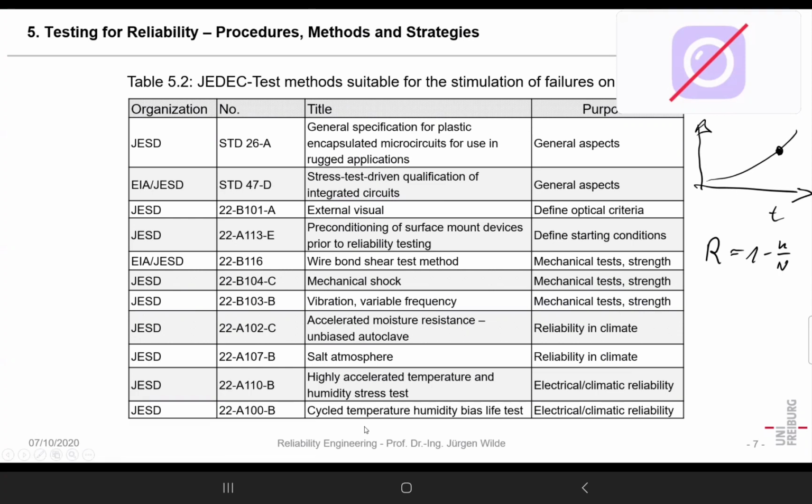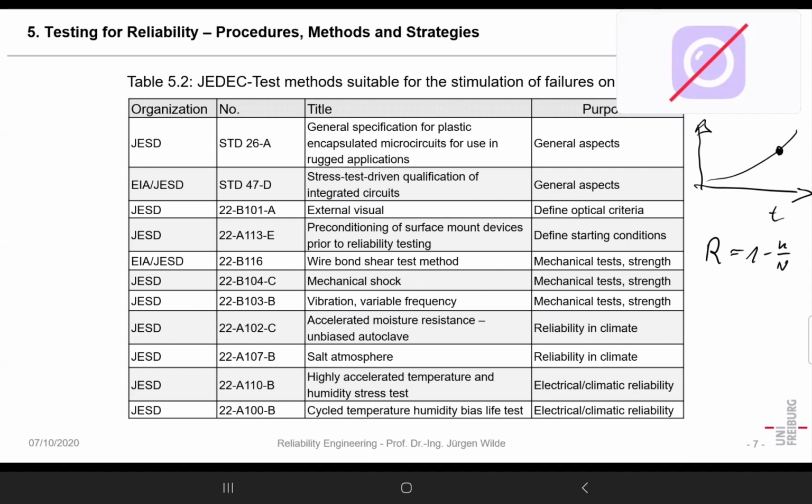Or, for instance, the cycled temperature humidity bias live test. Bias means voltage on it. Cycled temperature humidity means we have condensation, and then we are really sure we have a water film. There is a complete set of tests, but these tests are not selected in a more or less arbitrary way.